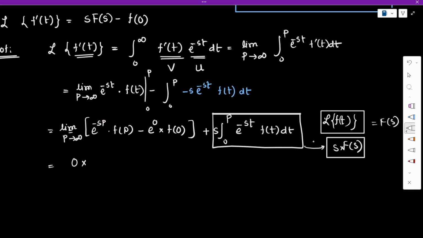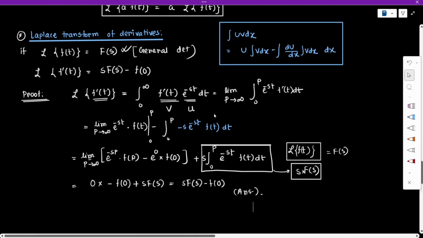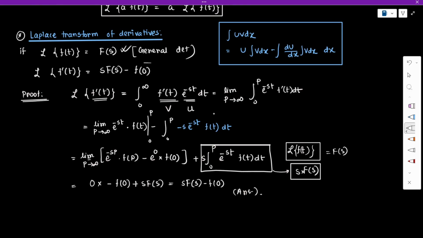So this is going to be 0, negative f of 0, positive s F of s. So our right hand side becomes s F of s negative f of 0, which is our answer. So we have proved the Laplace transform of derivatives.